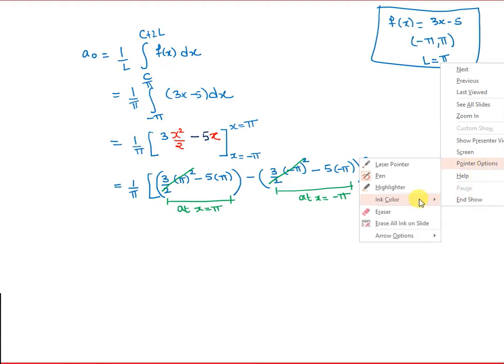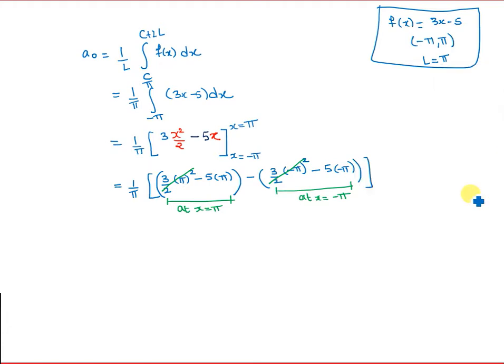So after simplifying, you will get 1 over pi, here minus 5 pi, and here minus minus, minus 5 pi. Same term repeated twice, so it will become 1 over pi times minus 10 pi. So again we can cancel pi with pi. So this gives you the value of a naught as minus 10.